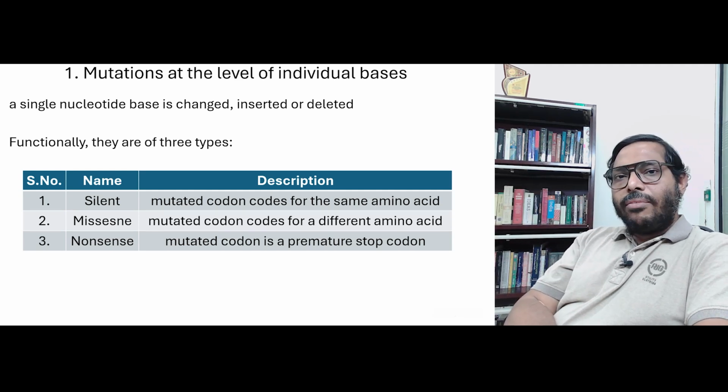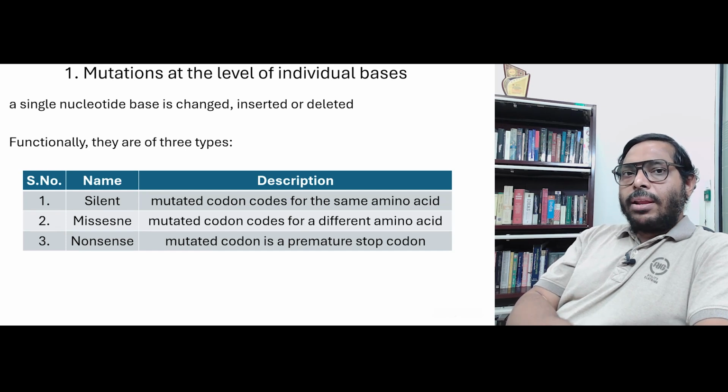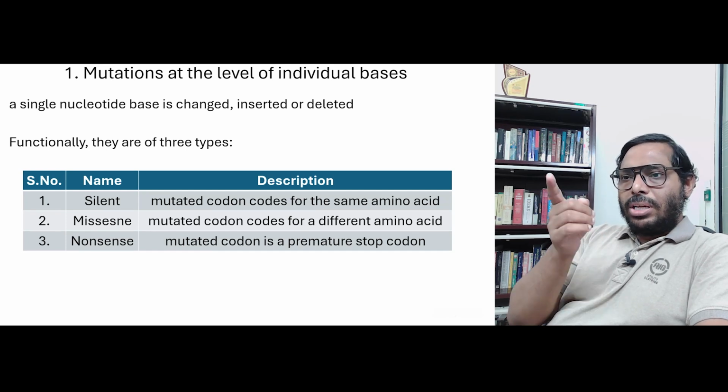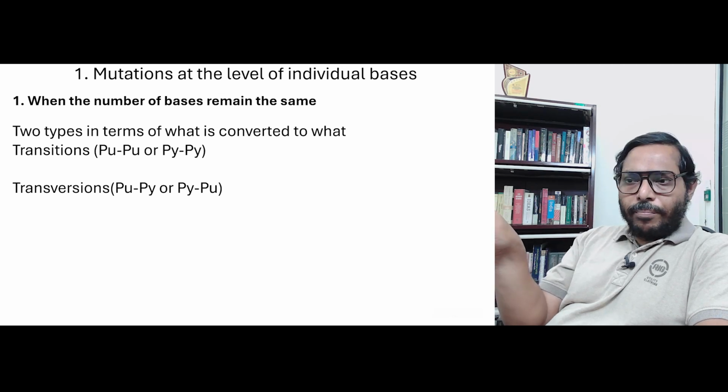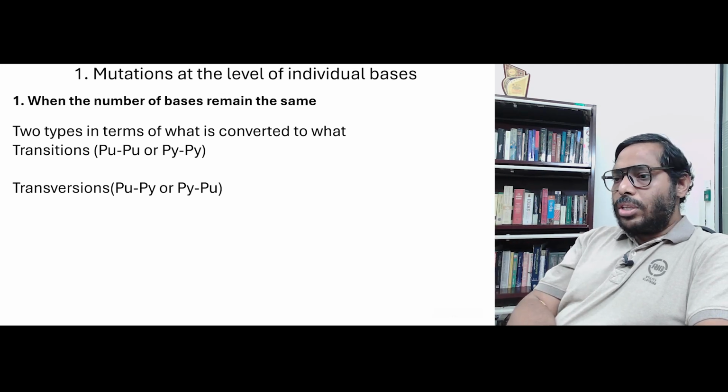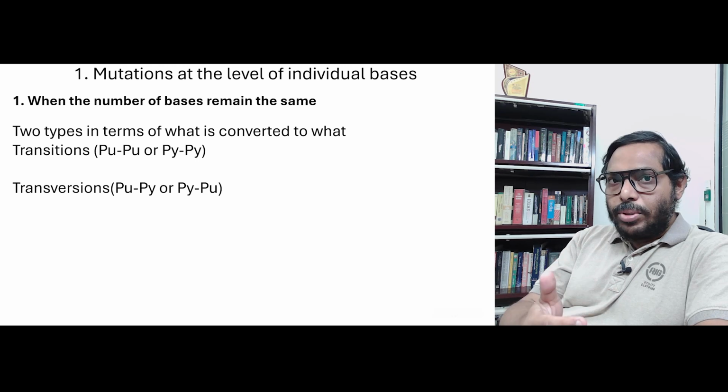Similarly, you can have a missense mutation, where due to an insertion or change, a different amino acid is coded for. And finally, you can have what is known as a nonsense mutation.